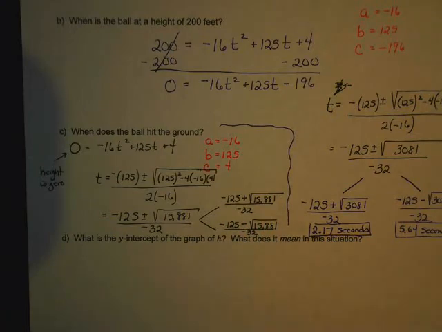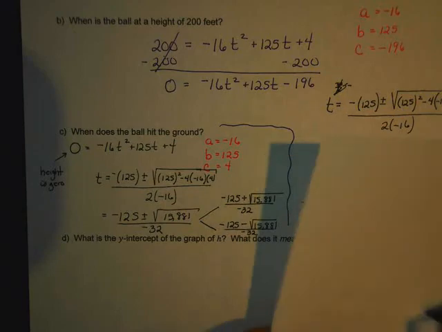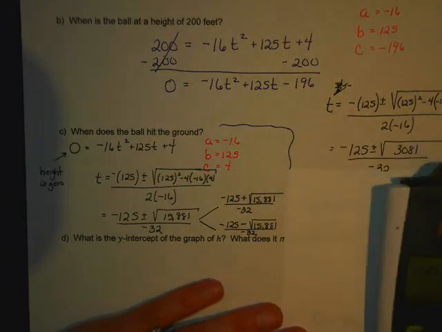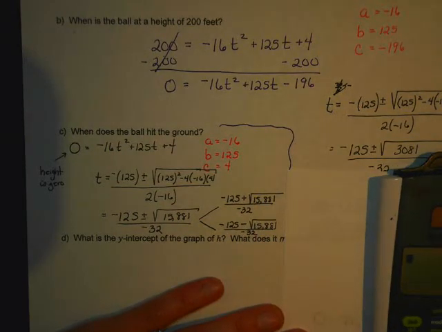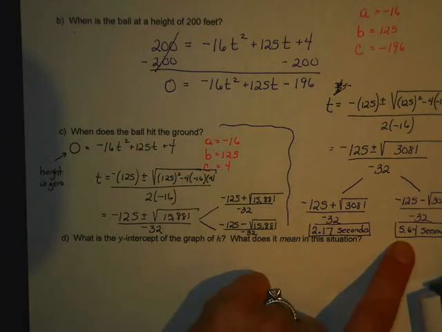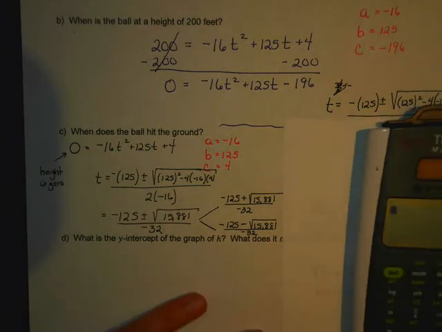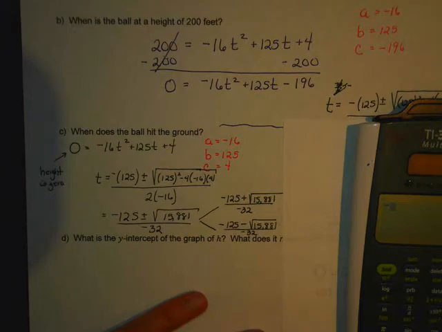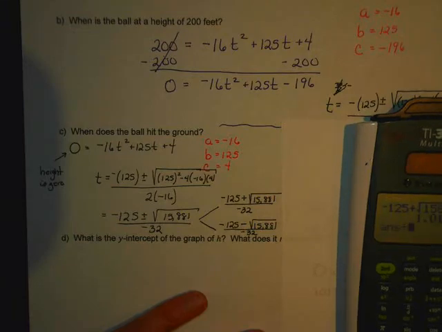All right, definitely running out of room, so I'm going to just flip a piece of scrap over. You ready? All right, so what are the 2 times? It's going to be longer than the 5.464 seconds, but I don't know how long. So negative 125 plus root 15,881, and this is divided by negative 32.